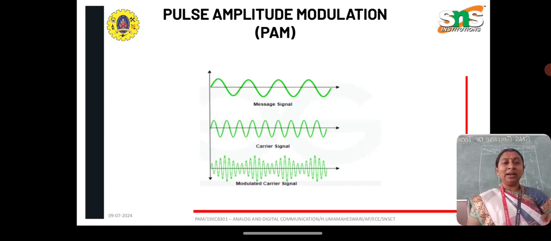This is the signal transmission of a pulse amplitude modulation. The first one is the message signal, the next one is the carrier signal, and the final one is the modulated carrier signal, where the message and the carrier signal are modulated and the final output is here, where the pulse varies in accordance with the amplitude.